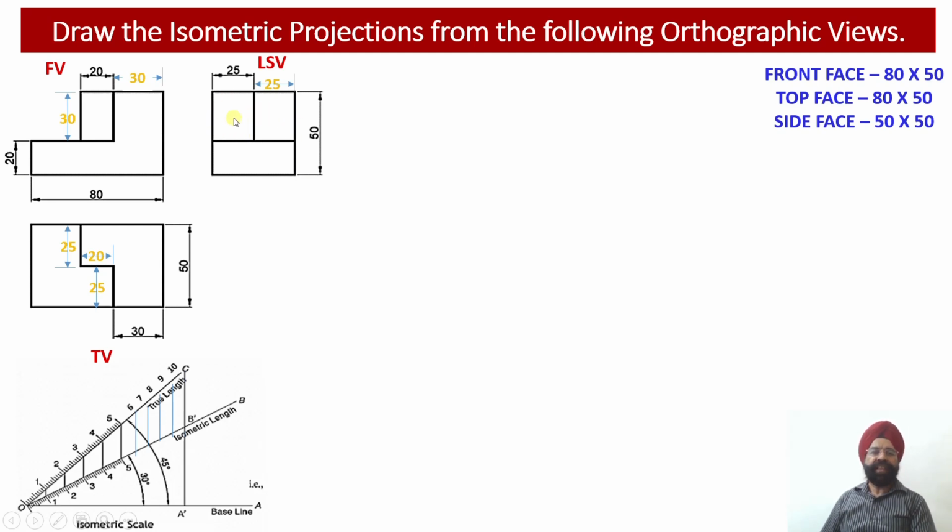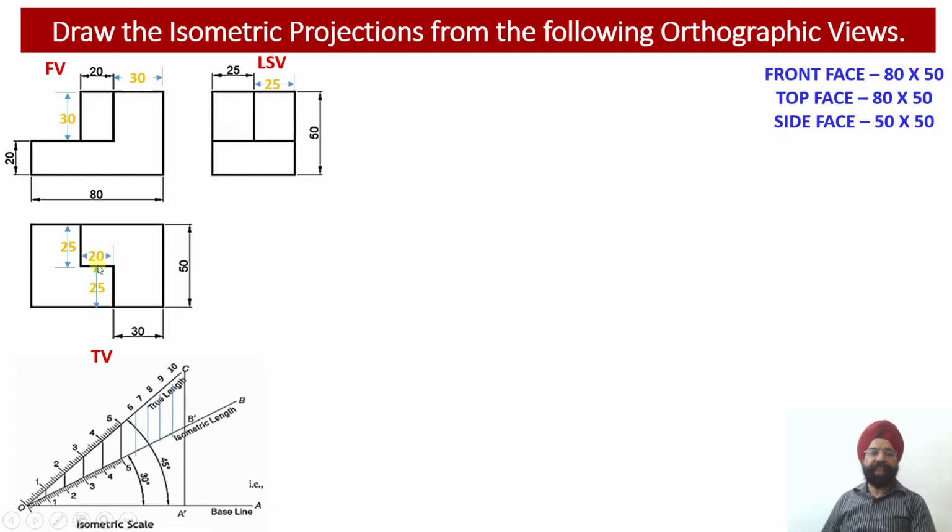Only thing is, this segment is lying a little bit ahead, whereas this segment is lying at a distance of 30 millimeter from this right corner edge. This is the right corner edge. From the right corner edge, if I move 30 millimeter forward, I will get the first rectangle, which is this one.